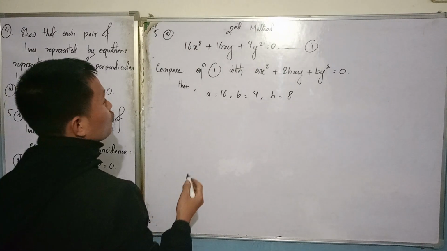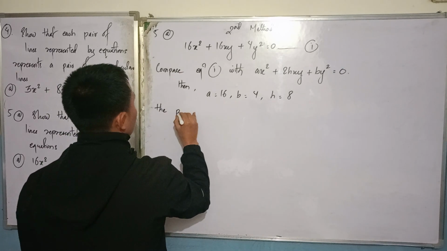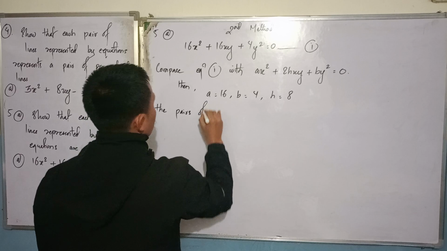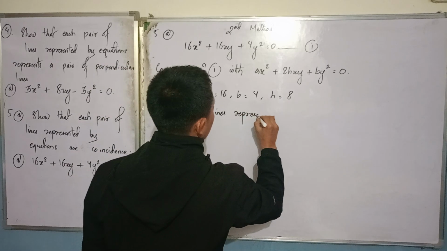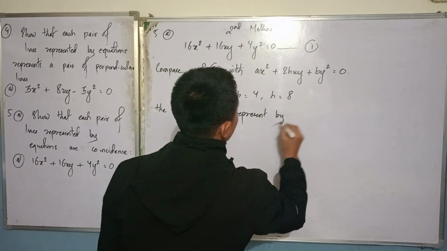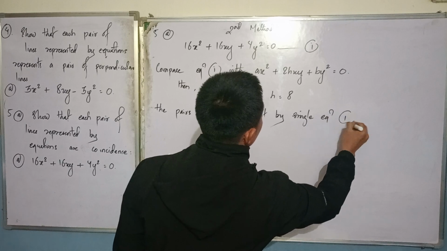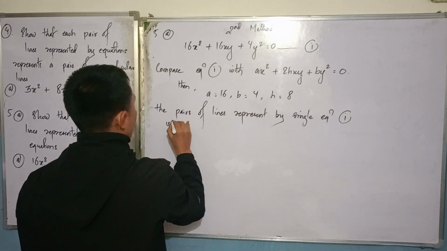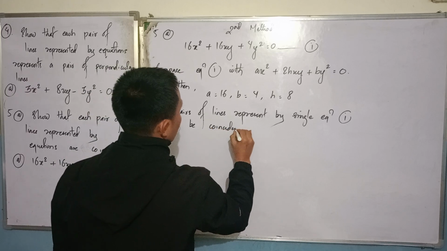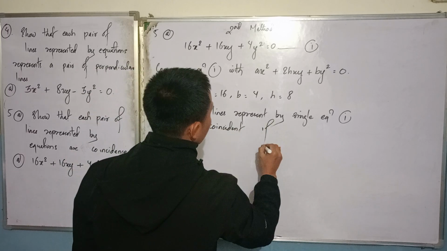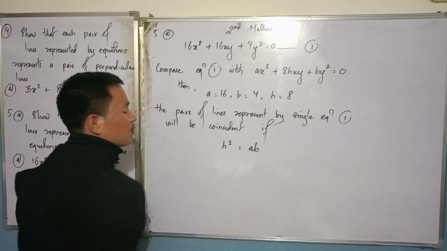So these lines will be parallel. The pair of lines represented by single equation I will be coincident if h squared is equal to ab.